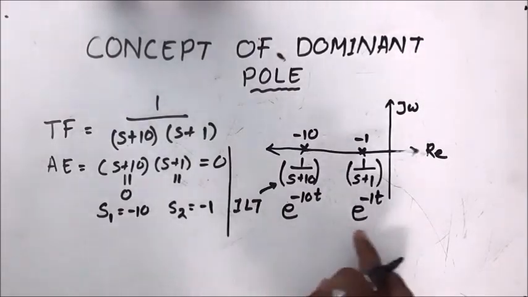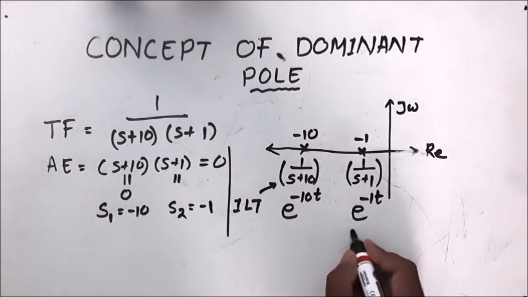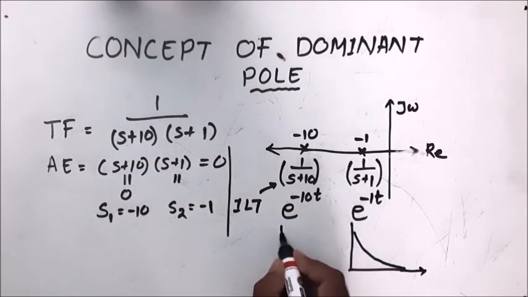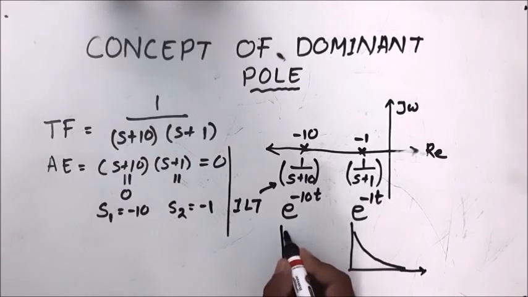If I plot these two graphs, it is very clear that one will take more time to die out and the other will take very little time to die out.